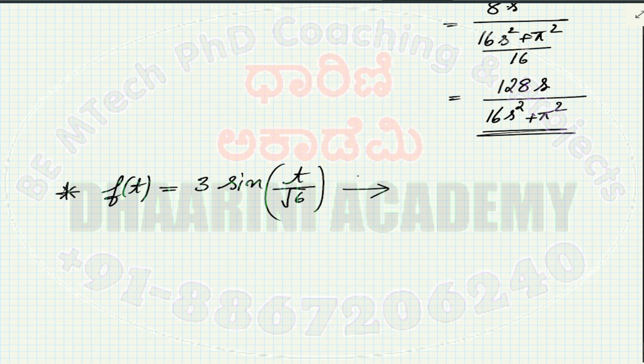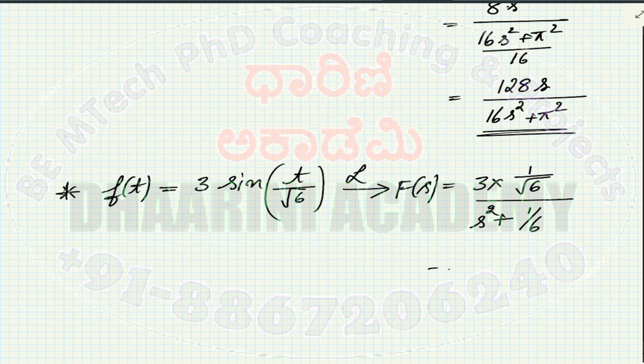All right, so I'll write its Laplace transform as f of s is equal to 3 into, I have to write a, which is nothing but 1 by root 6, a divided by s square plus a square, it's 1 by 6.